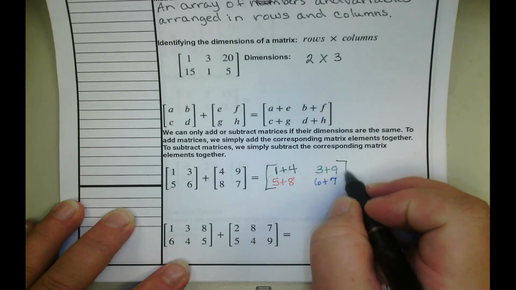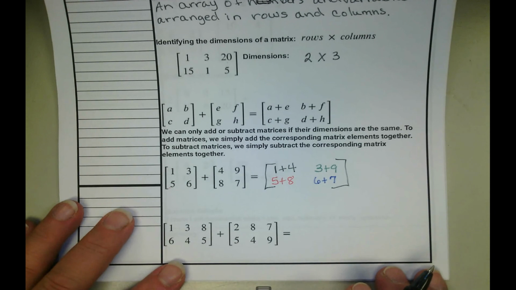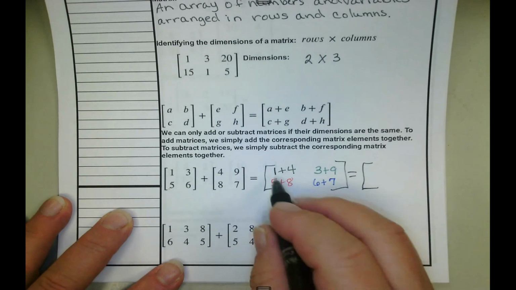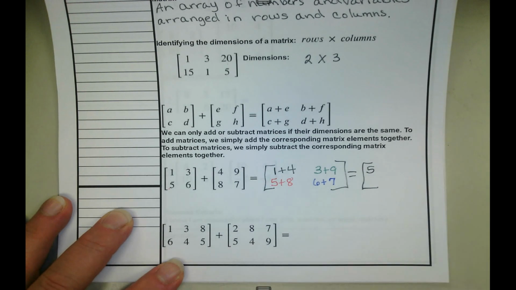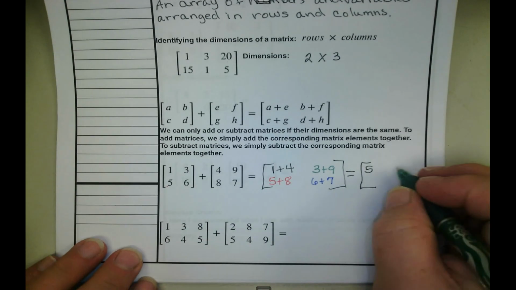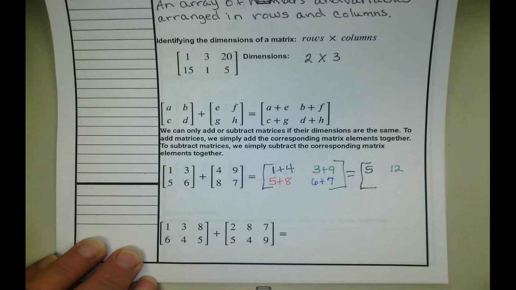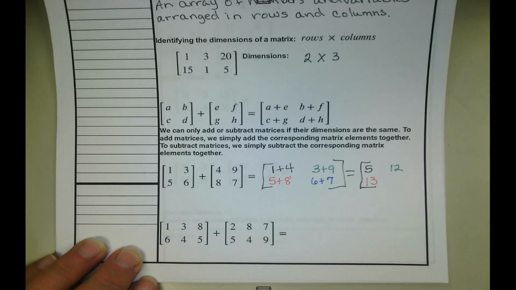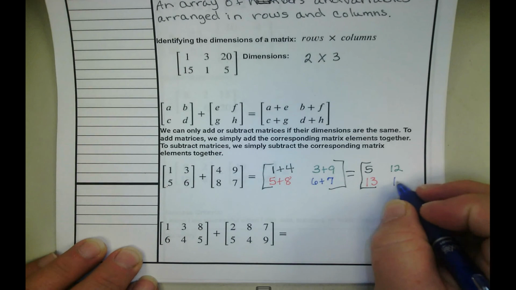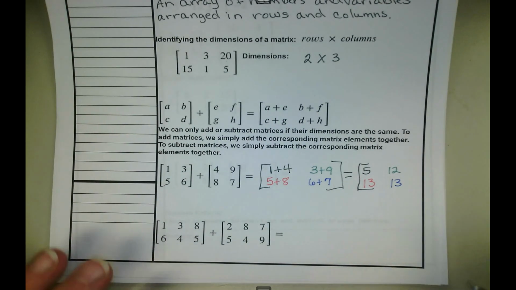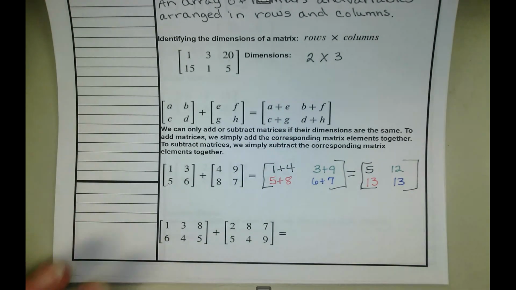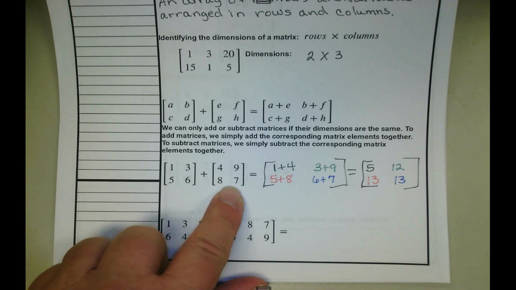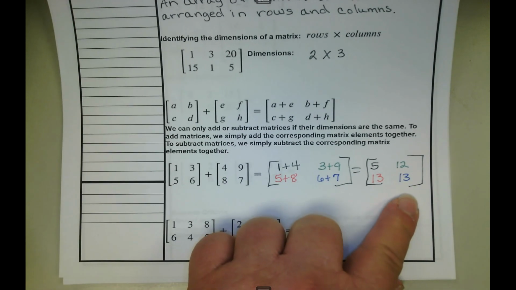So that is the math that is involved. 1 plus 4 is 5. 9 plus 3 is 12. 5 plus 8 is 13. 6 plus 7 is 13. And that is the matrix after we've added it together. If you notice, we took a 2 by 2 matrix, we added a 2 by 2 matrix, and we ended up with a 2 by 2 matrix.